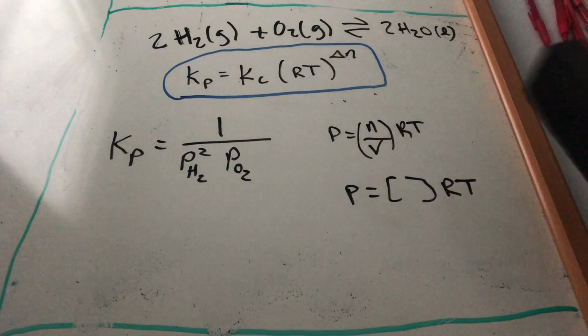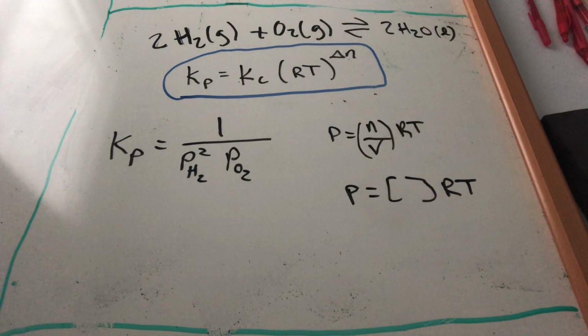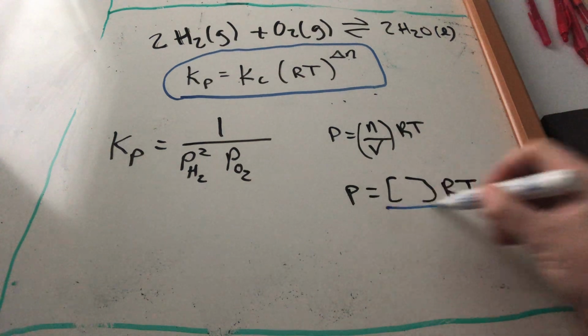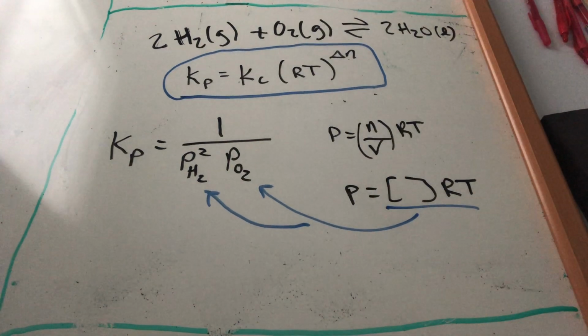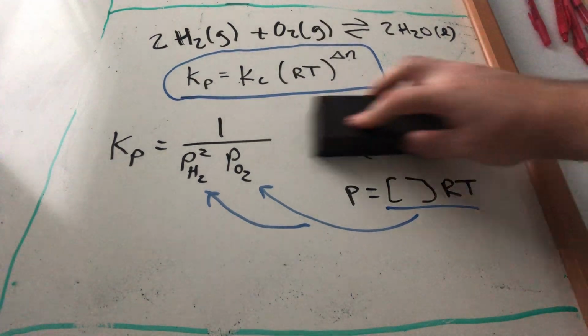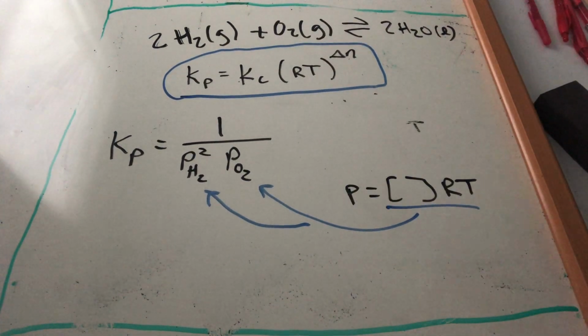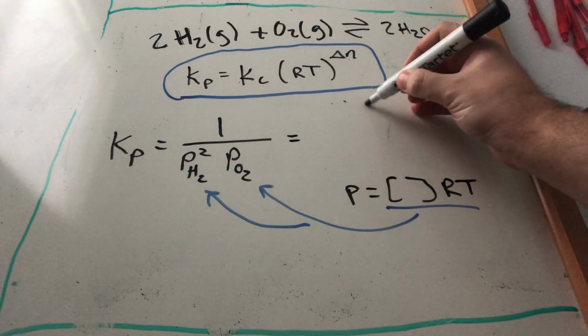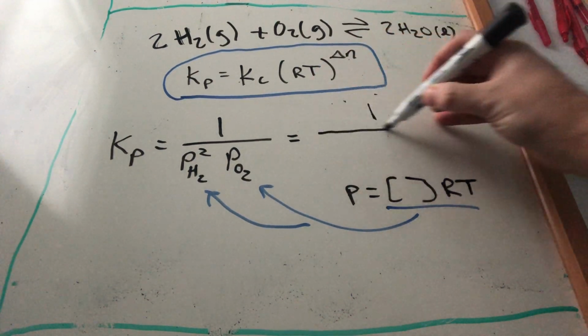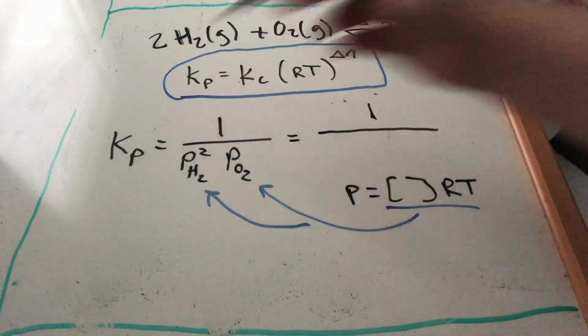So what we're going to do is try to build Kc here by putting this in each spot. This expression becomes 1 on the top. This is still Kp.